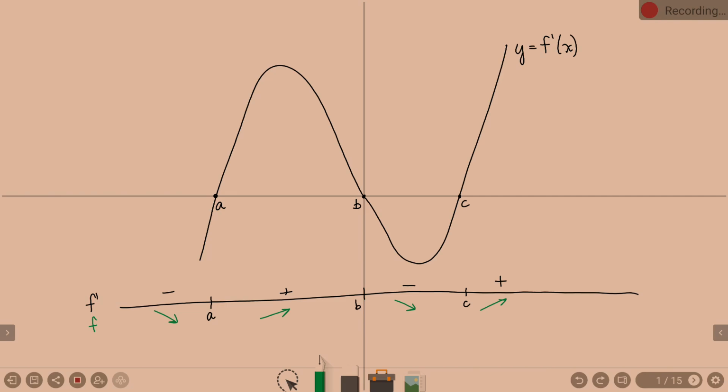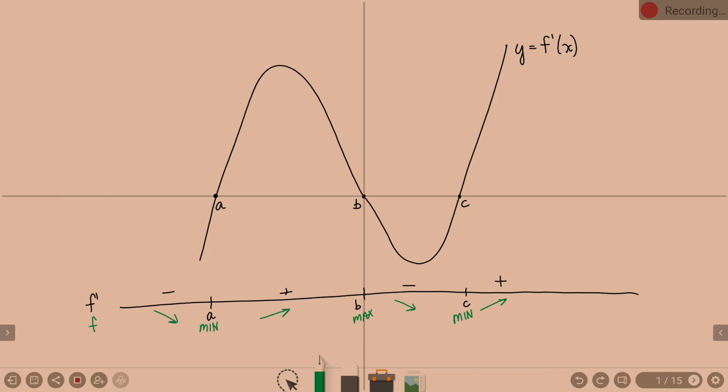I'm pairing up the fact that my derivative was negative or positive. That tells me my original function f is increasing or decreasing. What does that tell me about A, B, and C on f? A is going to be a min on f because decreasing, increasing. B is going to be a max, and C is going to be a min because of my changing between increasings and decreasings, right?